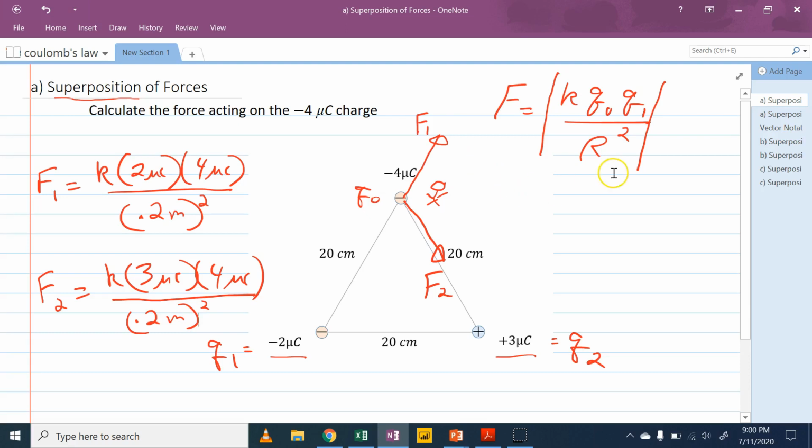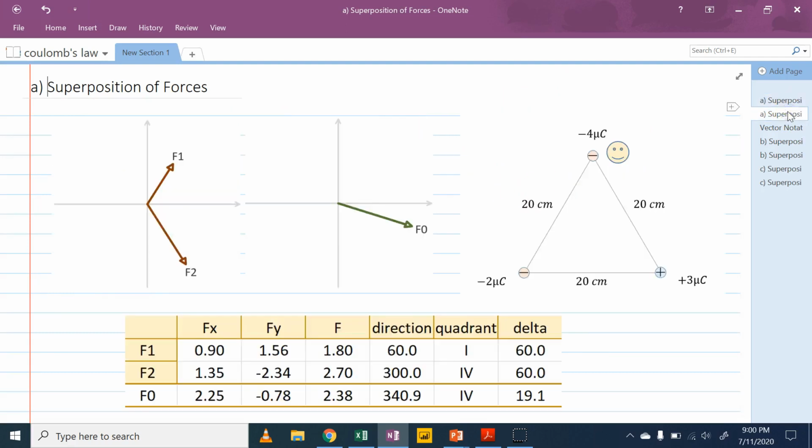Now, when we do this, I'm just going to show some results. I'm drawing a little smiley face at the object of interest, and again, Q1 is the -2, and Q2 is the +3, and we are Q object. So F1, the force that the -2 exerts on the -4, we said was here.